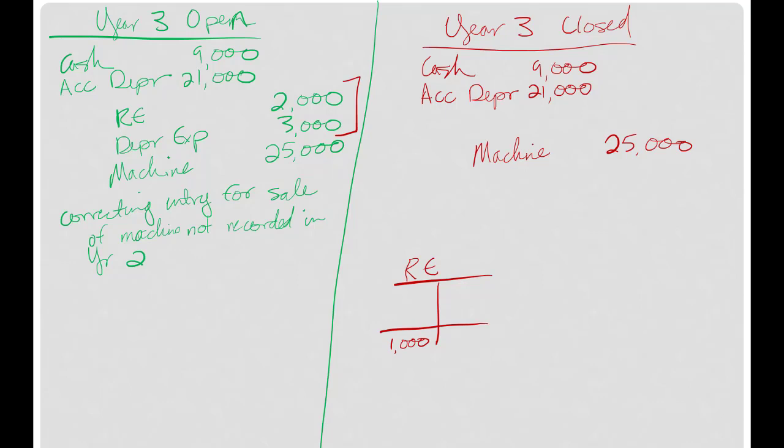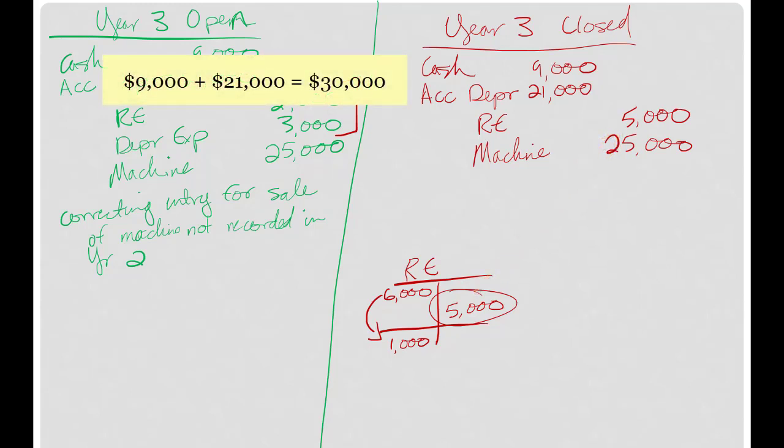So now I've got a debit to retained earnings of $6,000. So again, I need to move from where I'm at to where I want to be. That's a $5,000 credit. So retained earnings, $5,000. And if I look at that again, 9 plus 21 is 30, 5 plus 25 is 30.